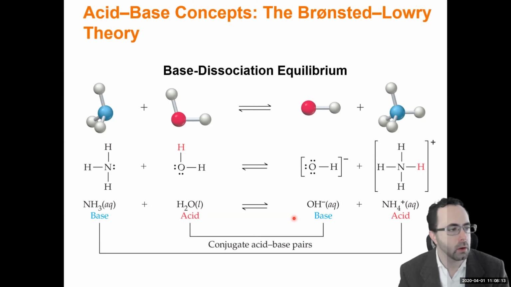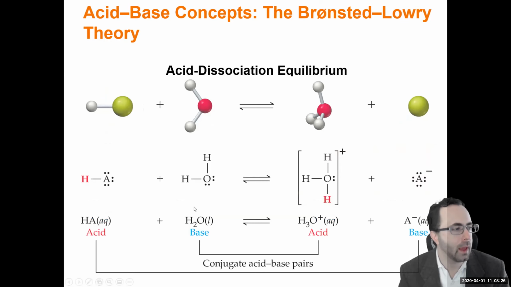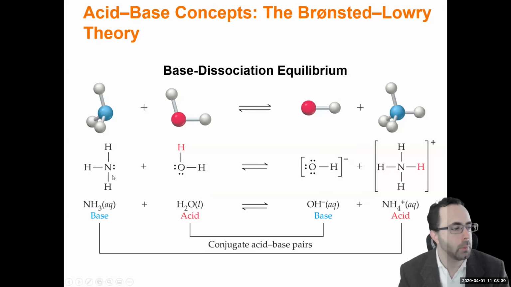Now you may wonder, why is it that when we added the acid, the water acted like a base, but when we added a base, the water acts like an acid? Well, it all depends on which of these would hold on to the H+ more strongly.